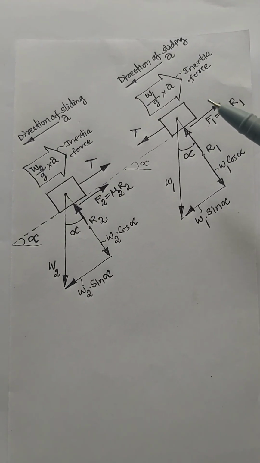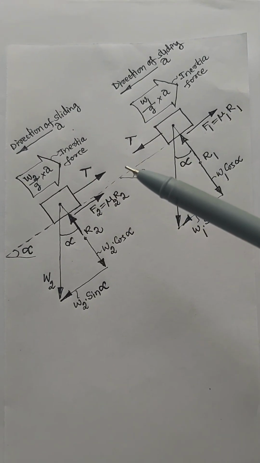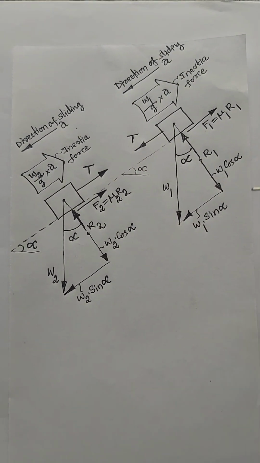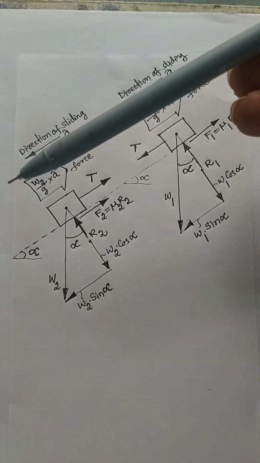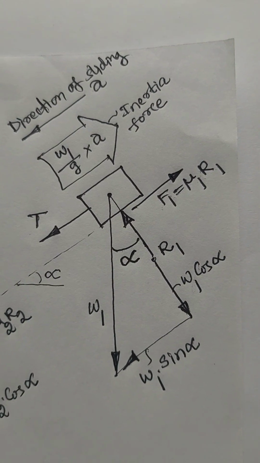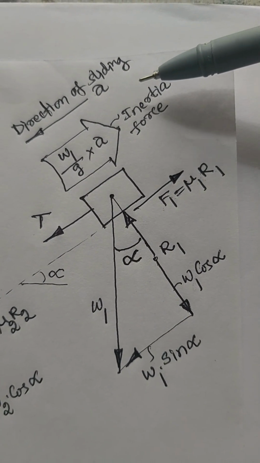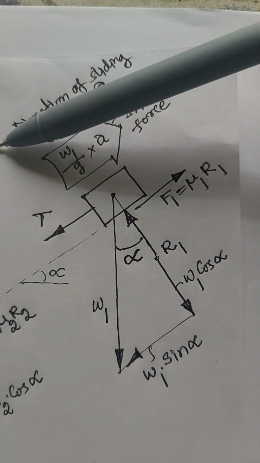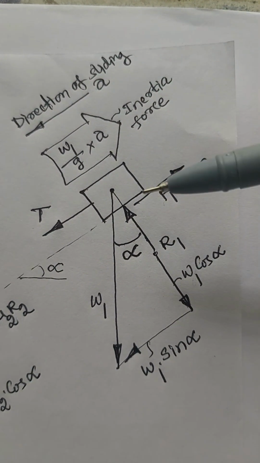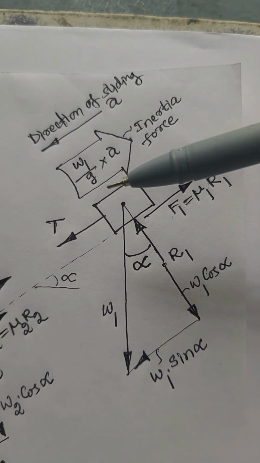Considering the free body diagram of W1 and W2, we are going to write the equations of dynamic equilibrium along the direction of sliding. In the equation of dynamic equilibrium, the force directed along the direction of sliding, or along the acceleration direction, is considered positive.